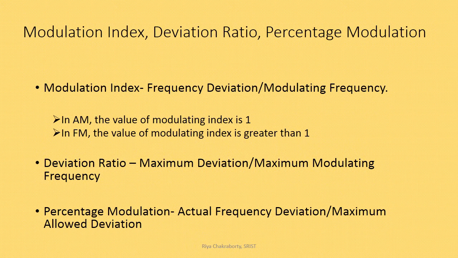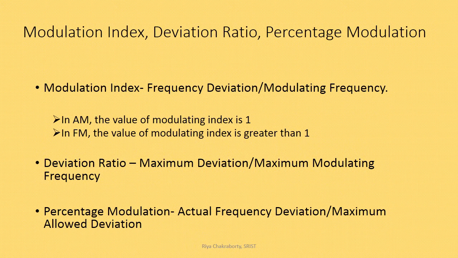It is the ratio of frequency deviation to modulating frequency. If I assume the modulation index is MF, then MF equals del F divided by FM. Del F means frequency deviation and FM means modulating frequency.